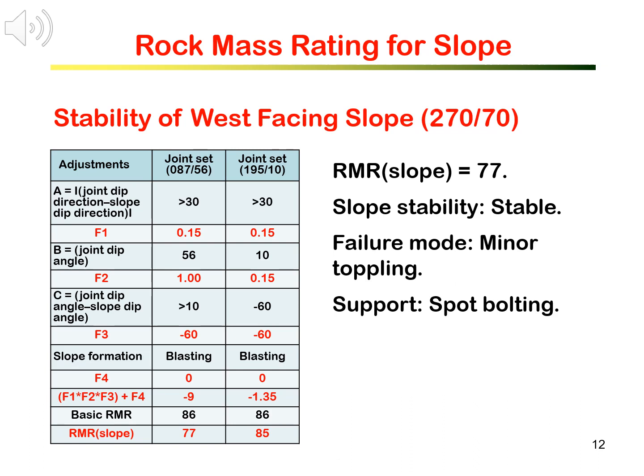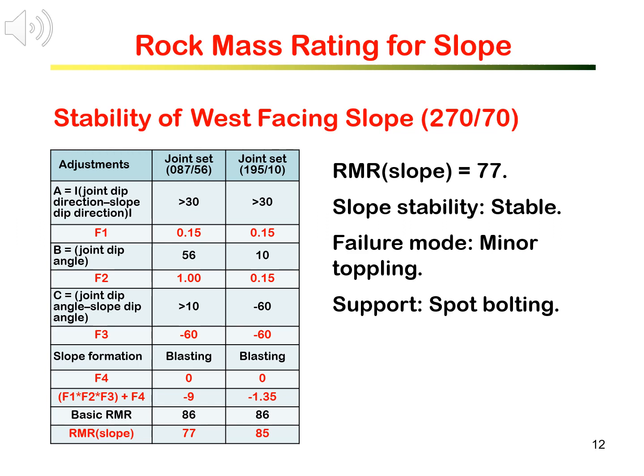Similarly, we can work on the adjustment of two joint sets on the west-facing slope, whose orientation is 270/70. Following the same steps, we get adjustments of minus 9 and minus 1.35 for the two joint sets on the west-facing slope.